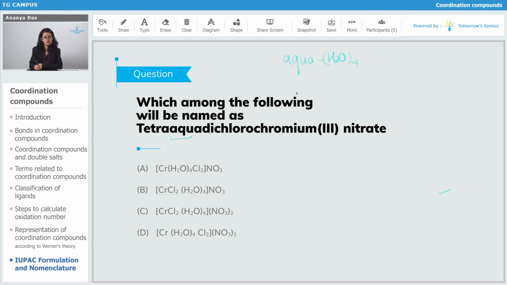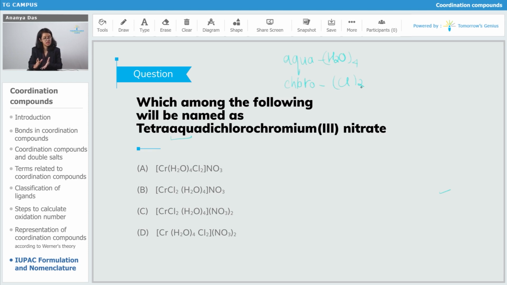Chloro represents chlorine and there is di written, so this means the chlorine is twice, and the chromium has a +3 oxidation state. So all of your A, B, C and D have chlorine twice and H2O 4 times.